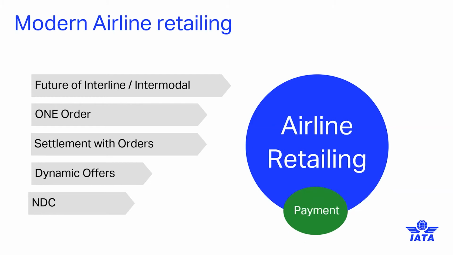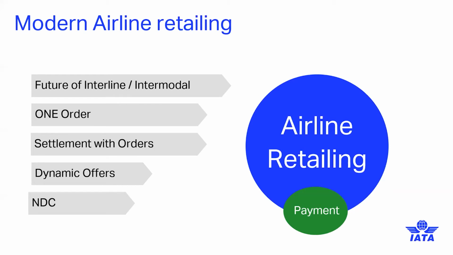We started to have a lot of engagements, not only with the distribution and commercial teams from the airlines, but we see that it is very important to have cross-functional collaboration between finance, e-commerce, IT, the distribution team, and revenue management, because payment is also critical when it comes to airline retailing.